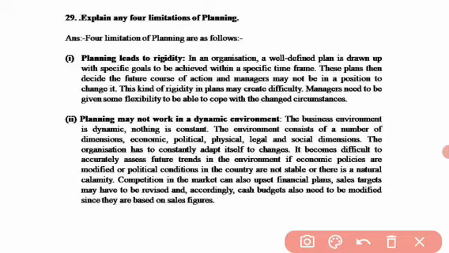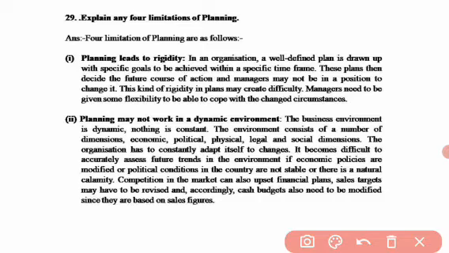If the organization frames plans to reach the objective, but the managers do not have the authority to make changes, in that situation it becomes a limitation, because managers need to be given some flexibility to make changes as circumstances change. If the changes do not happen, then it is a limitation.